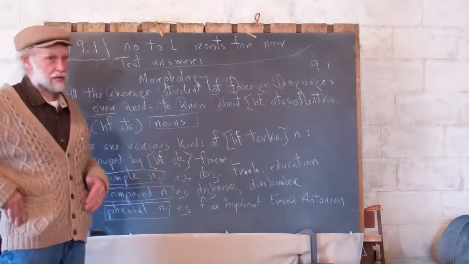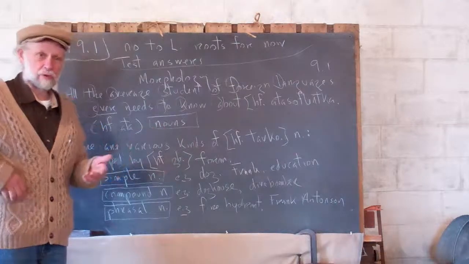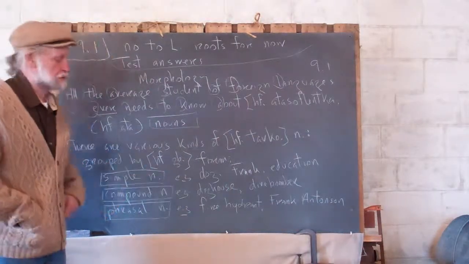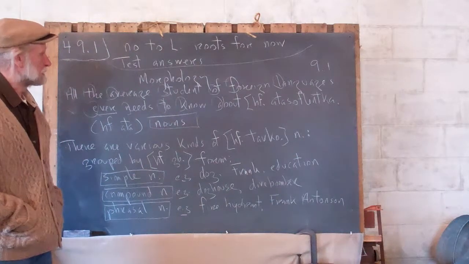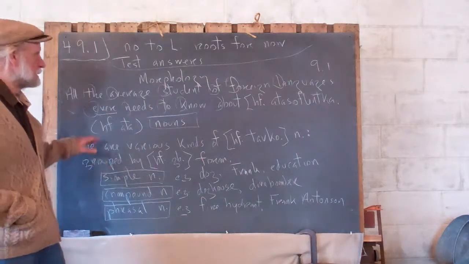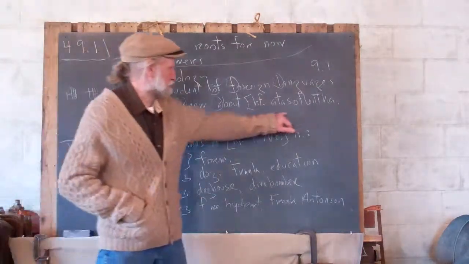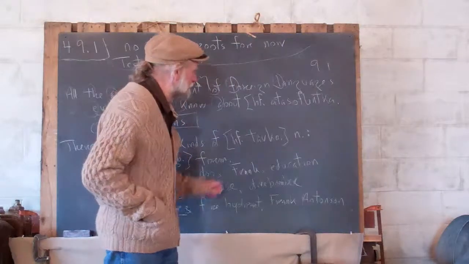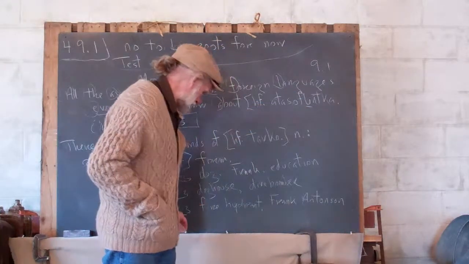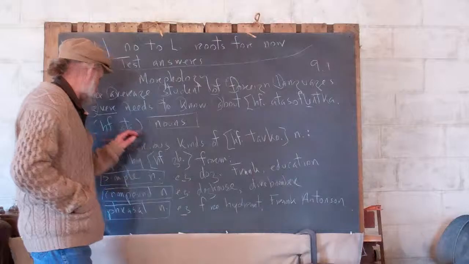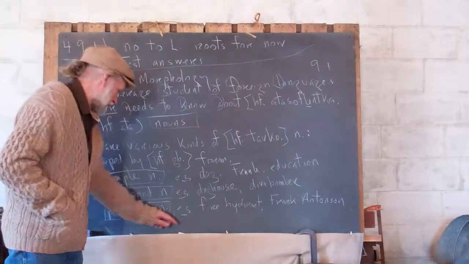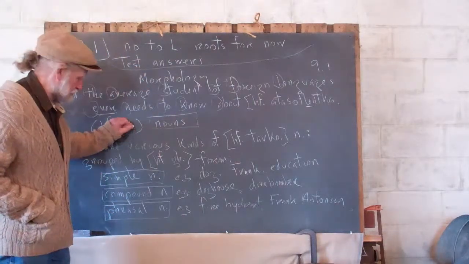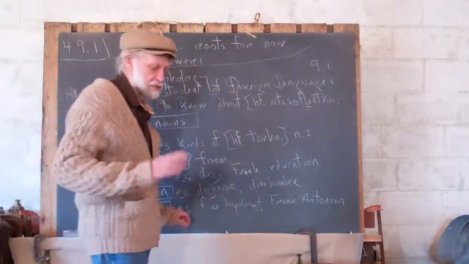If you're a student of foreign language, of course you'll have to learn a foreign language, but as far as nouns are concerned, well, that's what I think I can do. Well, that's too long. I underlined the E here because I'm stressing that, "ever," and from now on that's just going to be "Ada." Whenever I write Ada, I mean all the average student of foreign language ever needs to know about whatever the subject is.